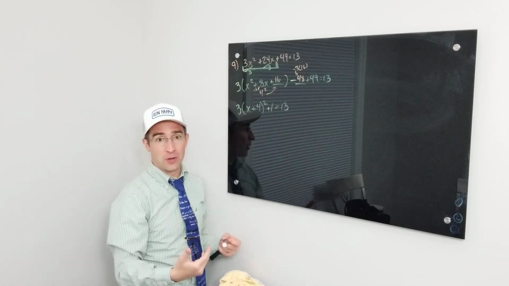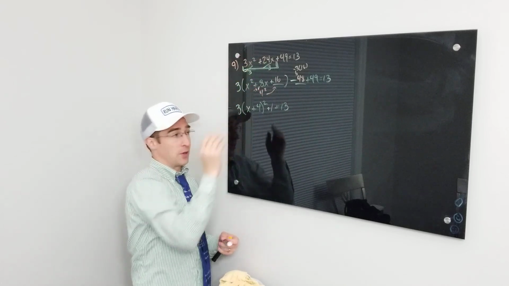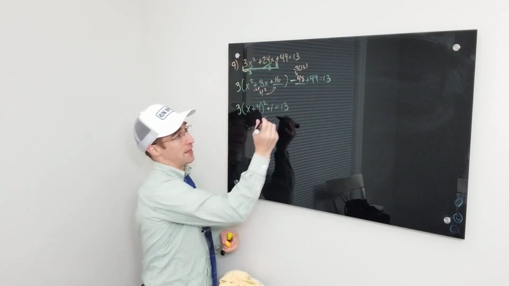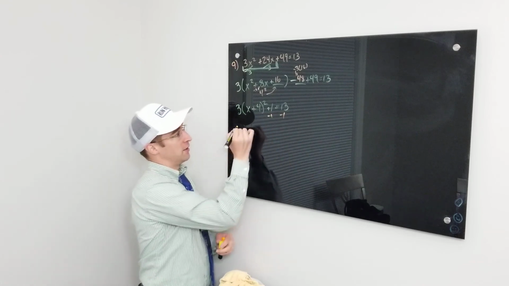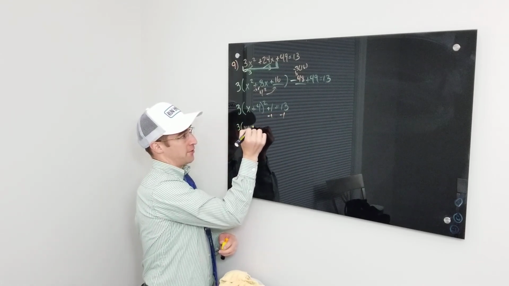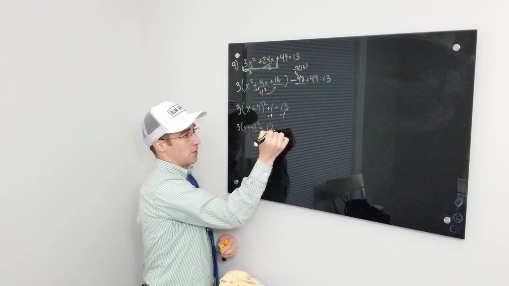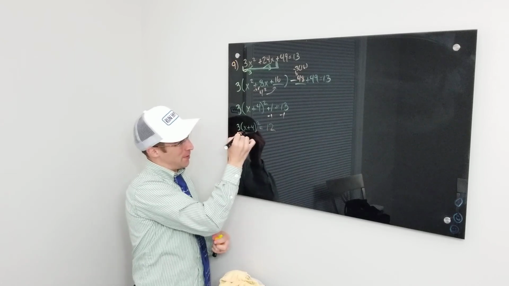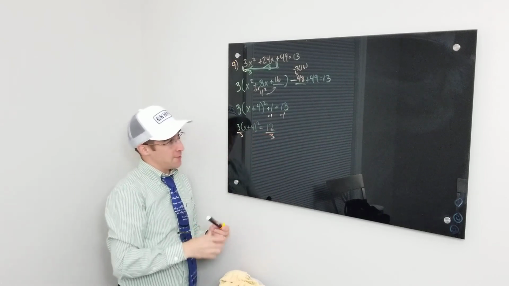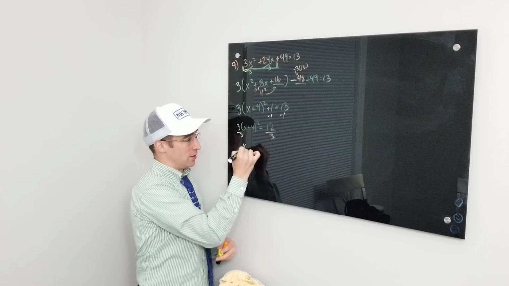Remember, it's solved by completing the square and then working backwards. So here I'm going to go minus 1, minus 1. That gives me 3 times x plus 4 squared equals 12. Divide by 3. That gives me x plus 4 squared equals 4.